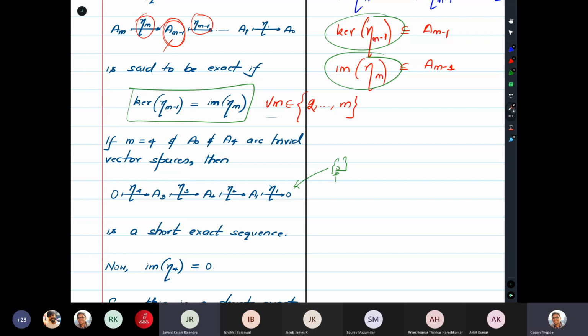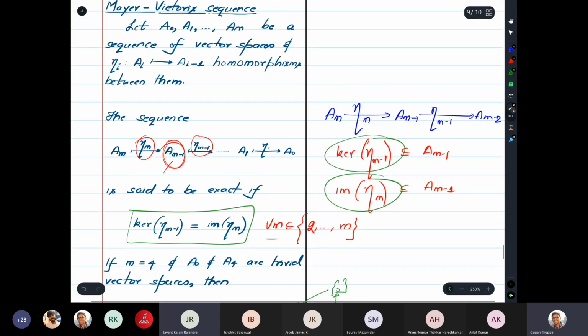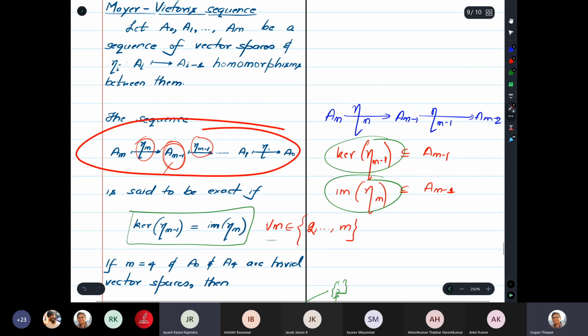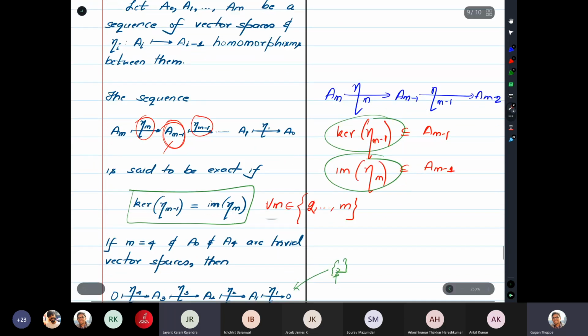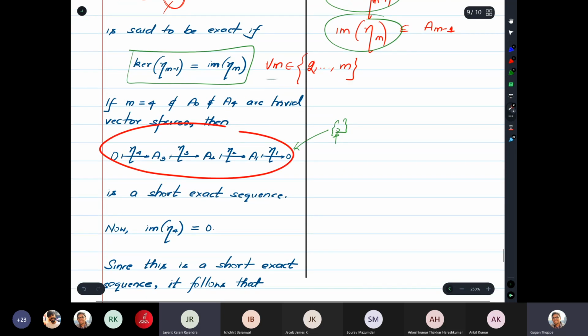It's short because, if I understand correctly, it has only 5 vector spaces. Recall that in general, you can define this sequence for any number of vector spaces, and this one that is short has only 5. That is one reason. So one can ask, why can we not look at 4, 3, and so on?